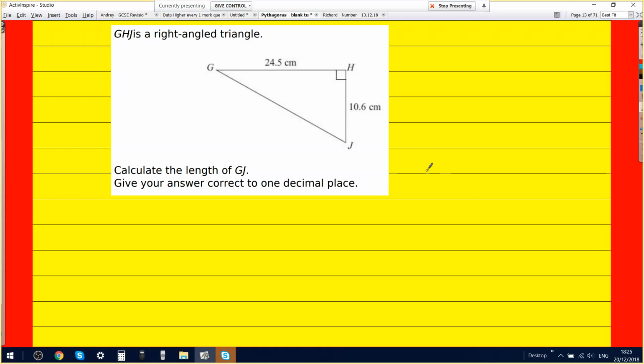It's a right angle triangle. 24.5, 10.6. Let's get to one decimal place. Don't I add them up?